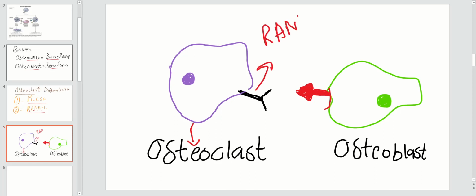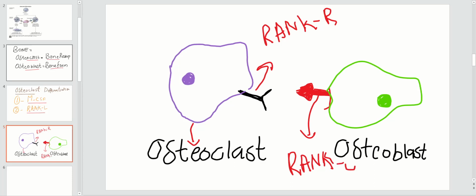RANK, as I told you, is receptor activator of nuclear factor kappa B, and this one is your RANK ligand, right? And RANK ligand is present on your osteoblast. So on the surface of the osteoclast you have RANK receptor, while on the surface of the osteoblast you have RANK ligand, right, which are both combined together.